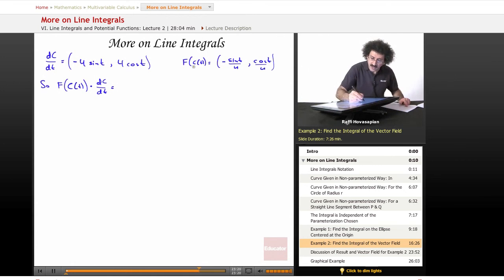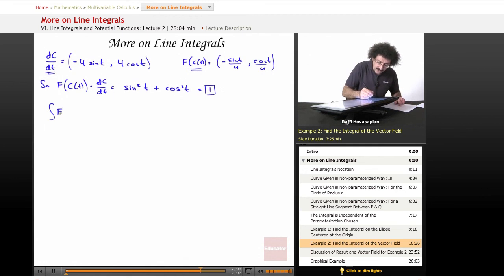So it's the dot product of this thing and this thing. When I do that, I am going to get sine squared t plus cosine squared t, and that is going to equal 1. So our final integral, the integral of f over this particular curve, is going to be the integral from 0 to pi over 3 of just plain old 1 dt. And of course, that equals pi over 3.